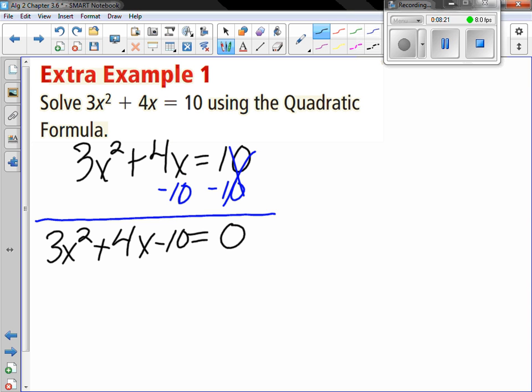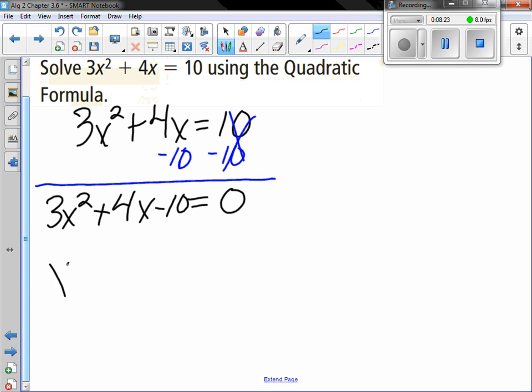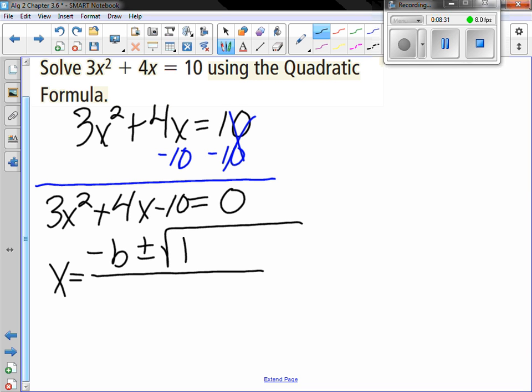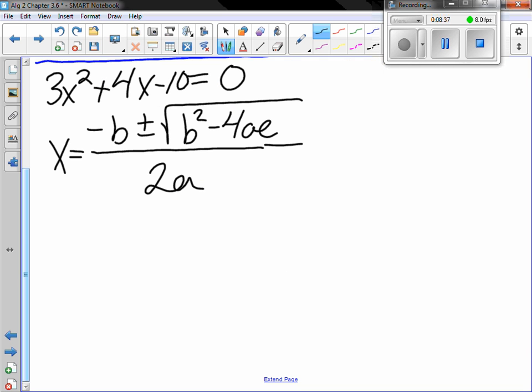Since it's equal to 0, we can use our quadratic formula. Negative b plus or minus the square root of b squared minus 4ac all over 2a. Negative b. Well, what's the value of b?